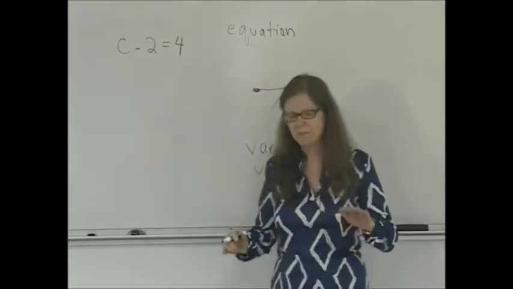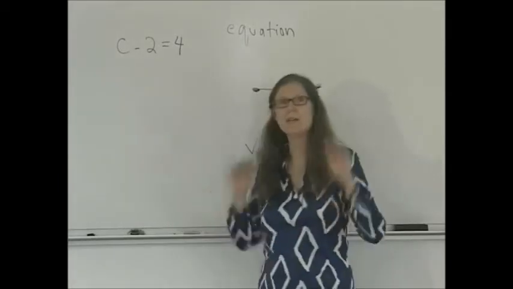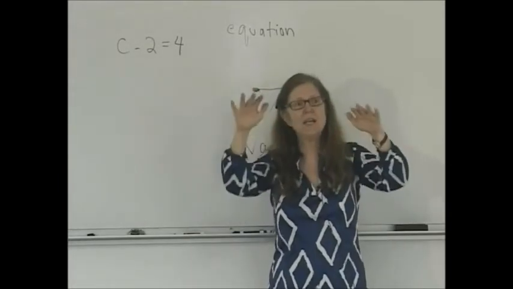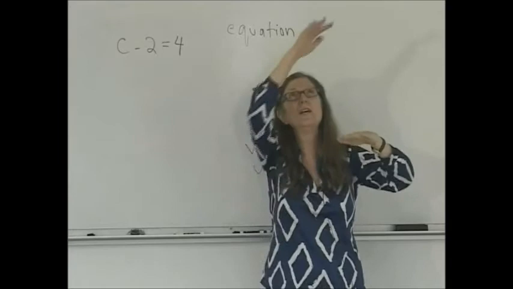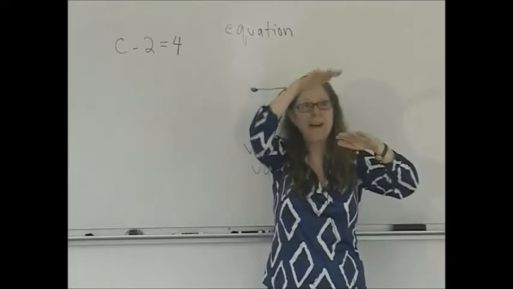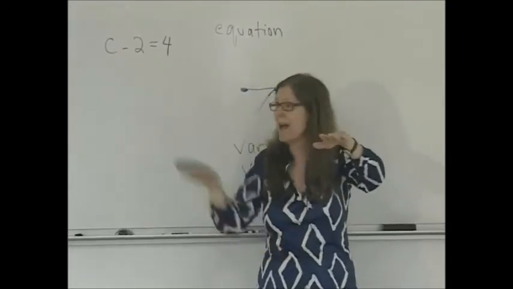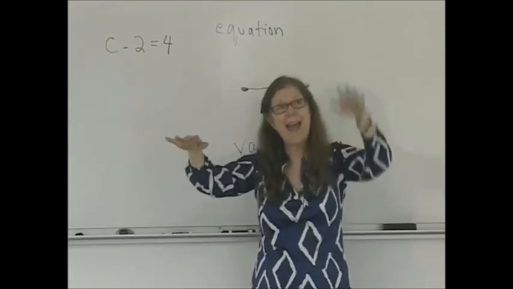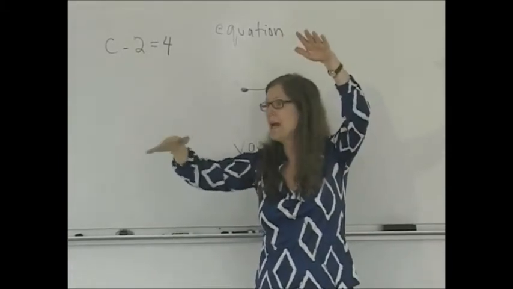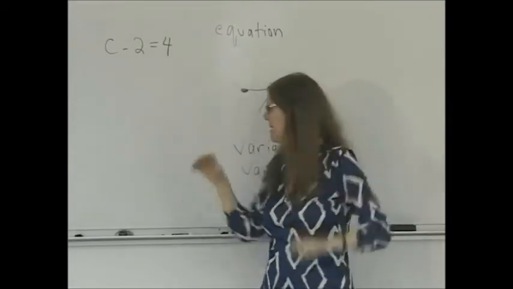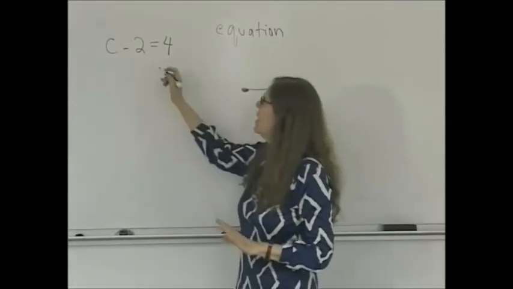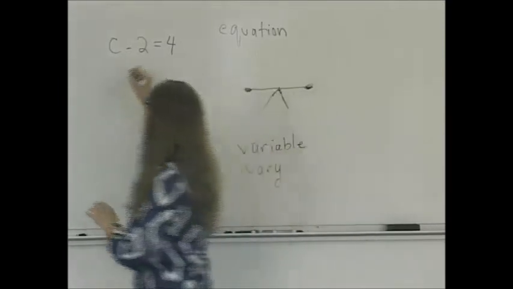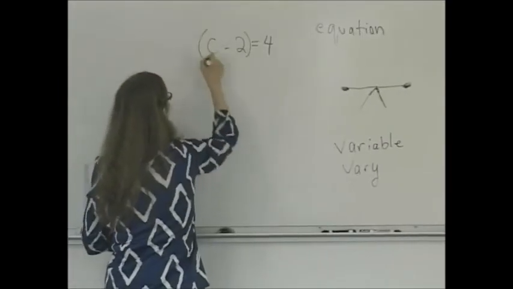Well, look at it. What I'm really saying is that C take away 2, here's C. If I took 2 away, I got to here, and that's equal to 4. So if I want to see what C is, I add the 2 back, but then I would have to add this back to maintain the equation being equal. So here's one side of the equation.